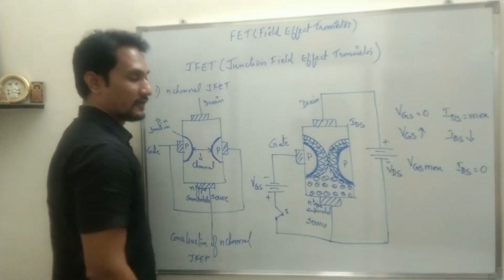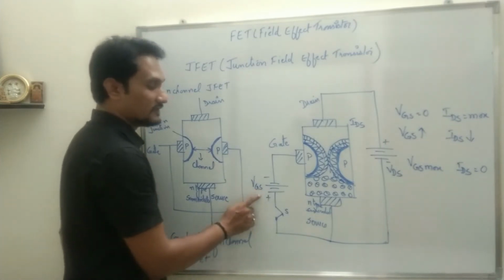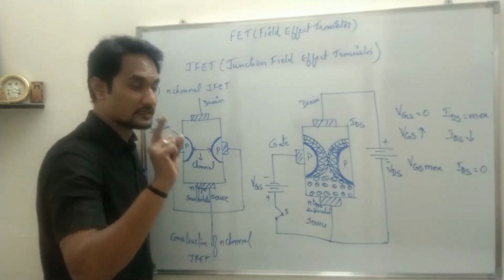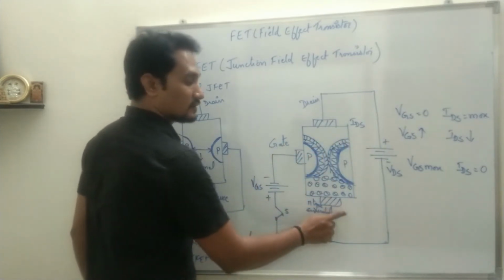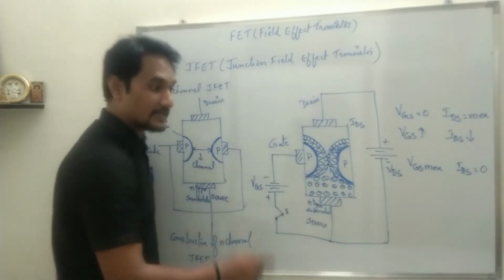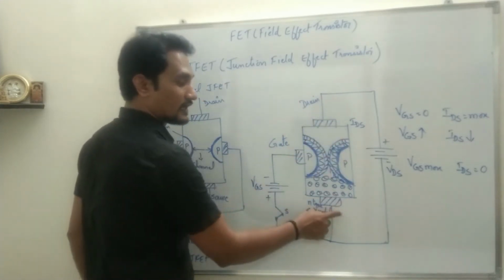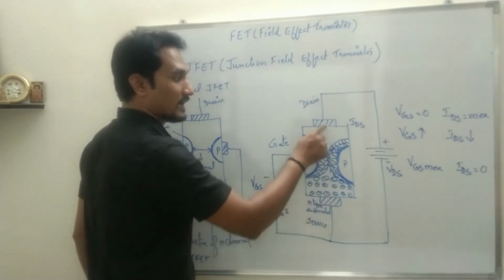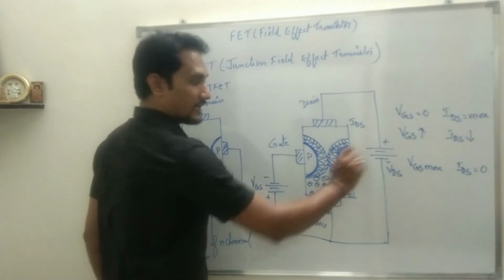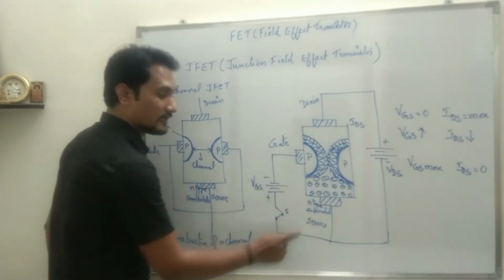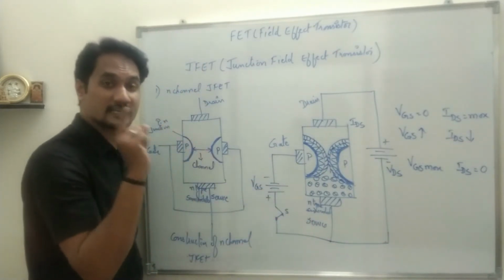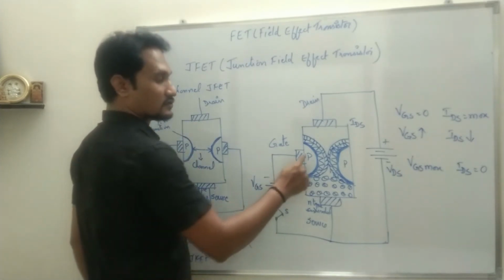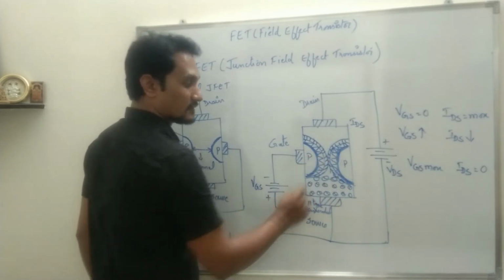Field effect transistor. So initially when VGS is 0, that means no gate to source voltage is applied. There is a very important condition. When these two polarities are applied, the polarity should be such that current flows from source to drain. The charge carrier should be repelled by the source and attracted by the drain. And when you apply gate to source voltage, it should always be in reverse bias condition, so that these 2 PN junctions are reverse biased.